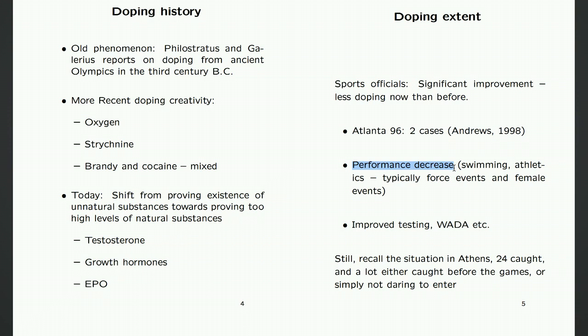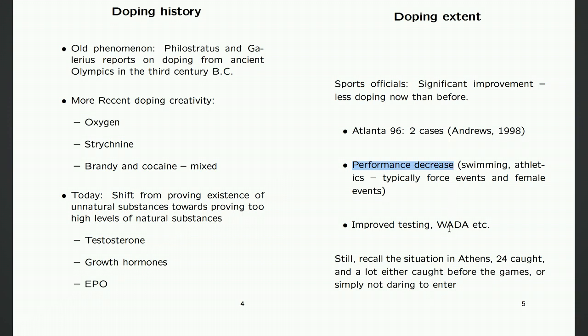In certain athletic events, for instance in shot put, maybe the best example, the world records set in the 1980s have never reached the level afterwards. So there is some indication that at least certain types of doping have decreased.